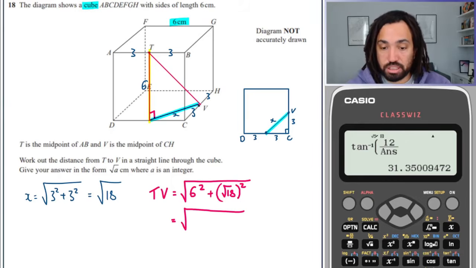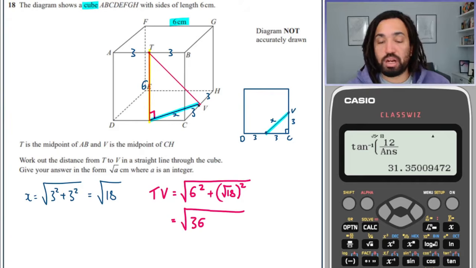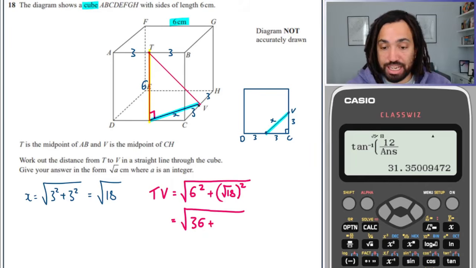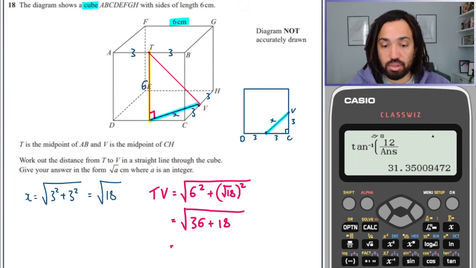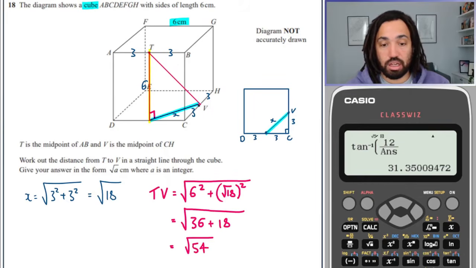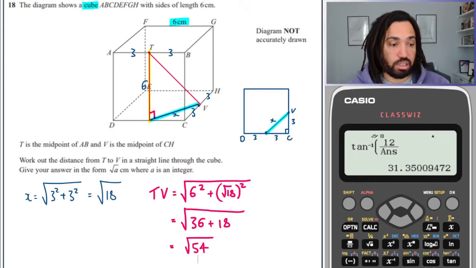So we've got 6 squared, which is 36, and when we do the square root of 18 and then square it, those are two inverse operations, so they cancel out. So it's just 18. Which means this is the square root of, adding those two together, 54. And that's it. Done.